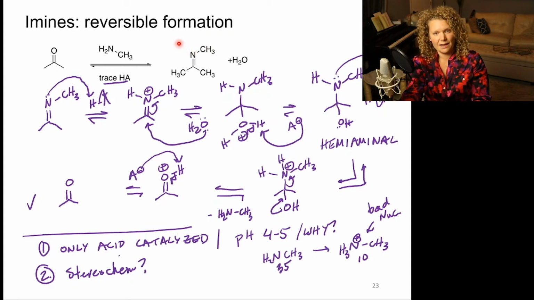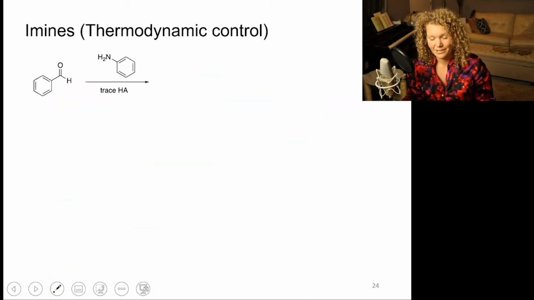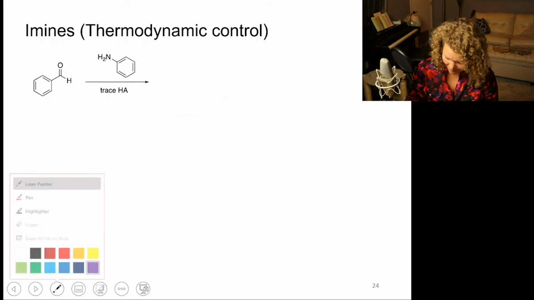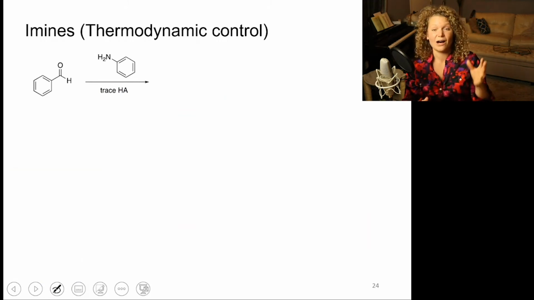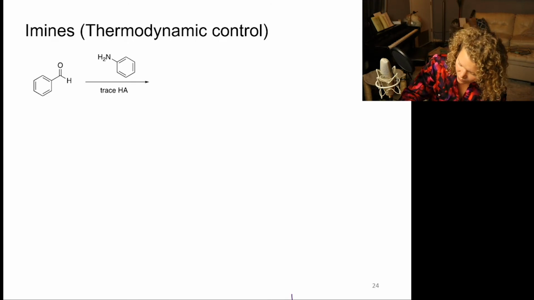Let's look at an example where we're going to see this imine have two products, and they are not going to give us a 1-to-1 ratio, and let's talk about that. Here I've got benzaldehyde and aniline, trace acid, and you know that we're going to replace the oxygen of our carbonyl, and we're going to make an imine.